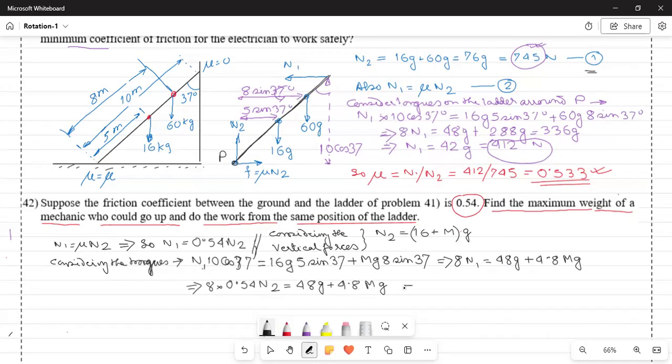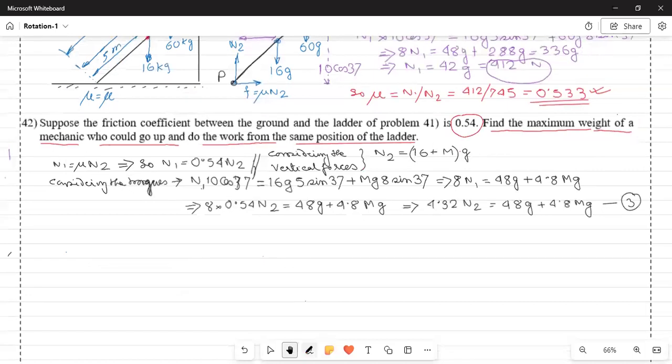So from here we get 8 multiplied by 0.54 is 4.32, 4.32 multiplied by N2 is equal to 48G plus 4.8 capital MG. We have reached the equation. Let us give it a name, equation 3.